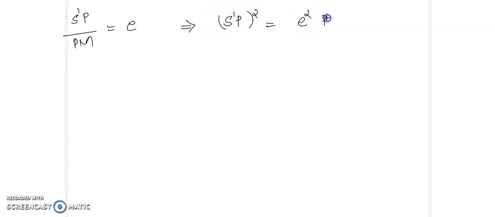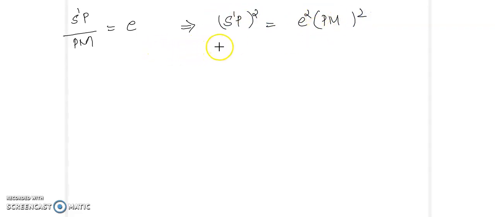So S dash P by PM is equal to E, which implies S dash P square is equal to E square PM square.